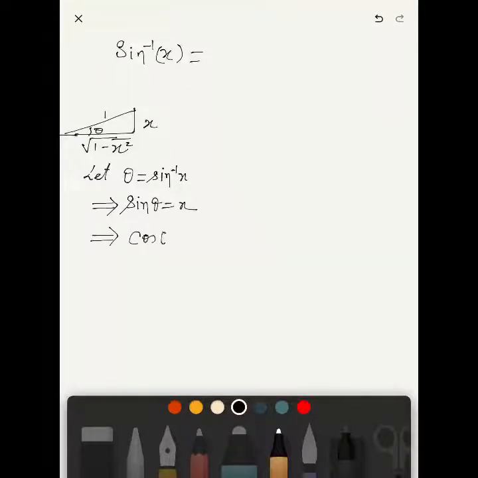Your cos theta will be equal to under root 1 minus x square divided by 1. Divided by 1 is not necessary, right? So just remove it. Got it? Cos theta is under root 1 minus x square. So from here you can say that your theta is cos inverse under root 1 minus x square.